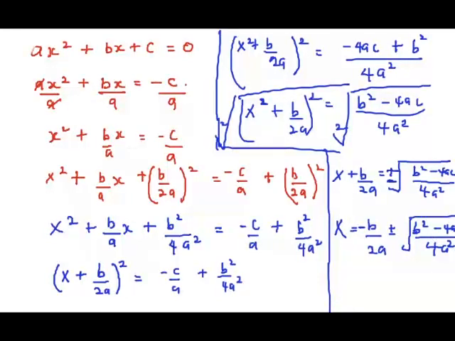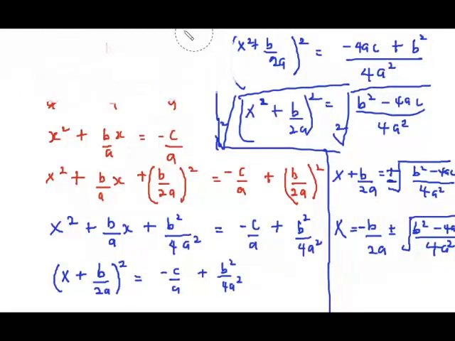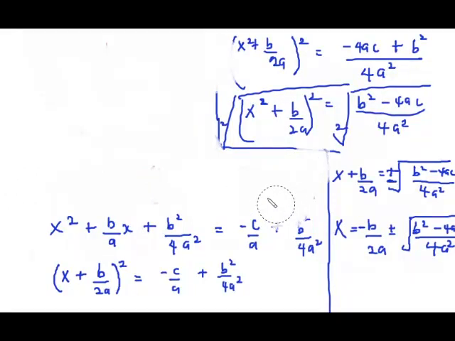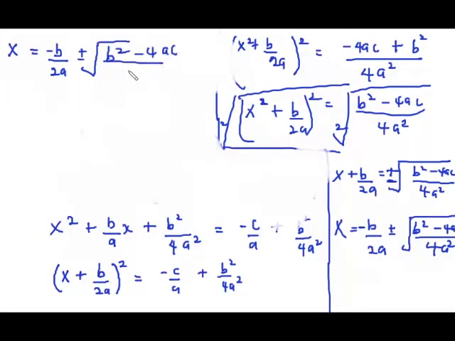Let me clean here so this becomes a bit clearer. So we have x equal to negative b over 2a plus or minus the square root of b squared minus 4ac over 4a squared. Now if you notice, the 4a squared is a perfect square.